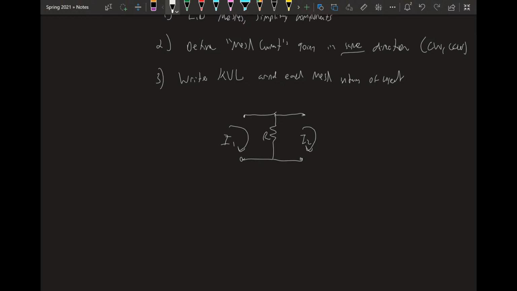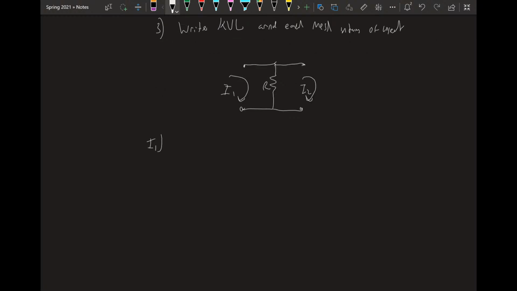If we were writing from mesh 1, it's going to be V across R, right?